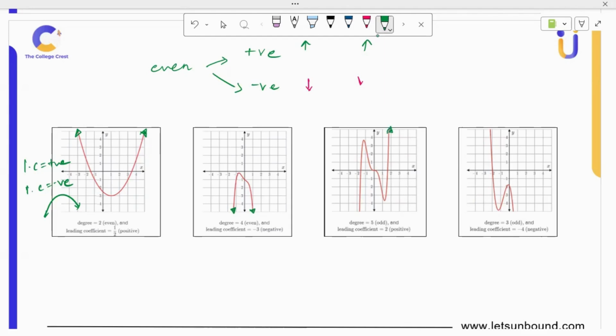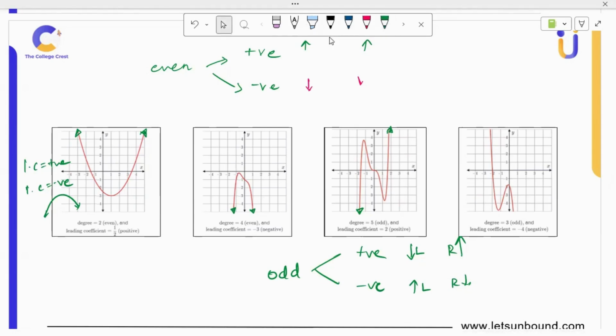You notice here, on the right it goes up, on the left it goes down. So for odd degree, again, it depends upon the leading coefficient. Positive means the right side will go up, the left side will go down. Negative means vice versa. Left side will go up, right side will go down. That's the example given. So this is important. Pause the video and grasp the concept, then move on to the next.